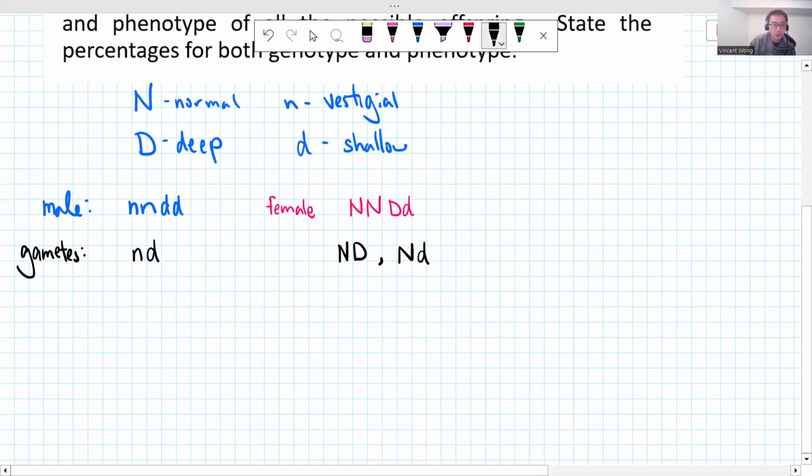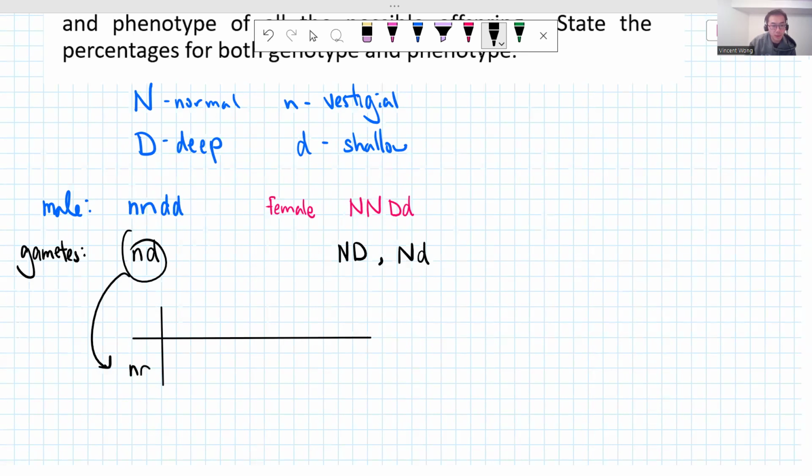So over here, we can do the Punnett square. For the male, here we have small n, small d. For the female, we have big N, big D, and big N, small d, like that. So when we combine them, there are only two outcomes here, right?